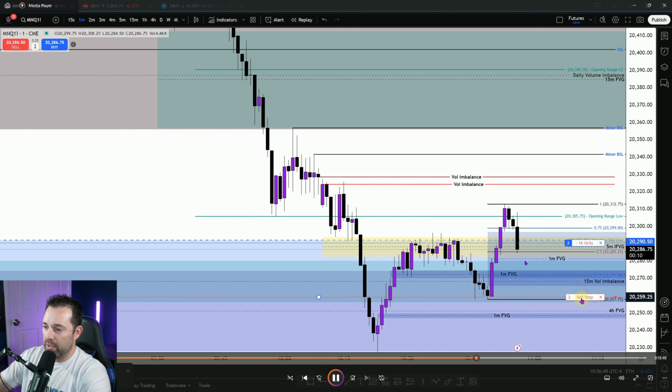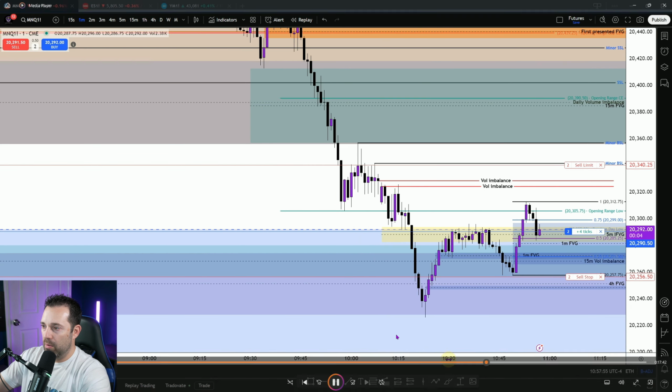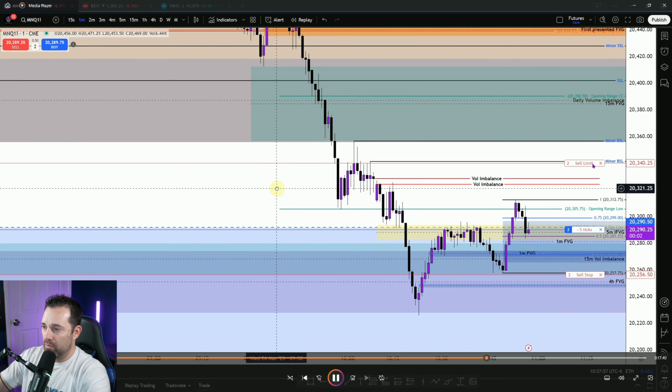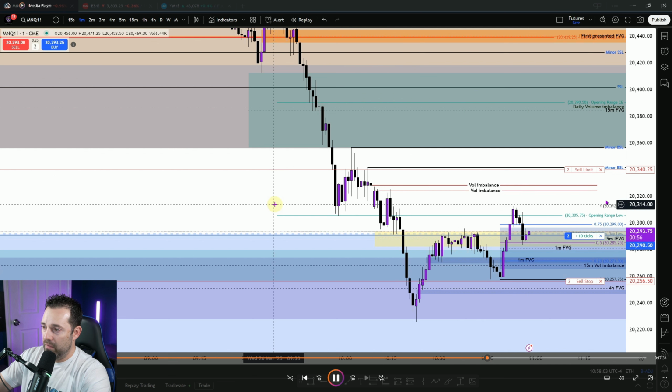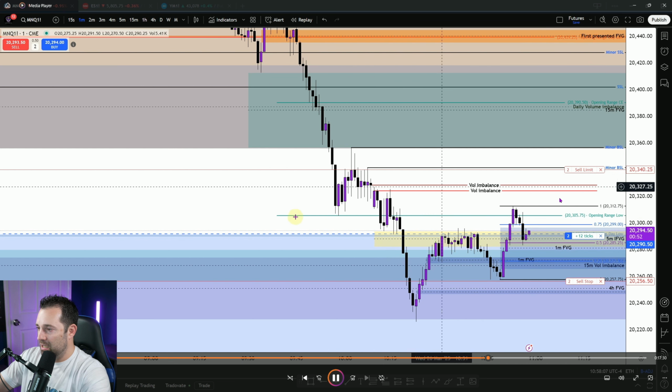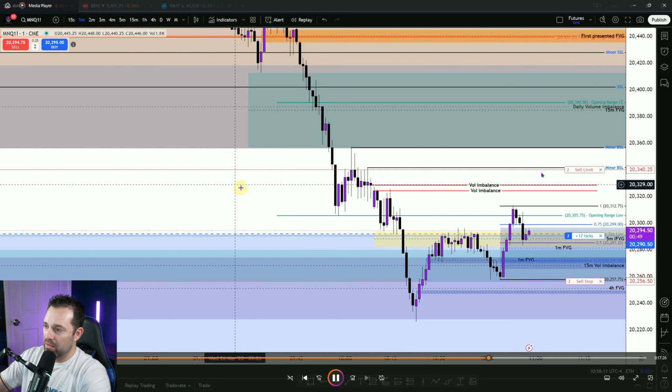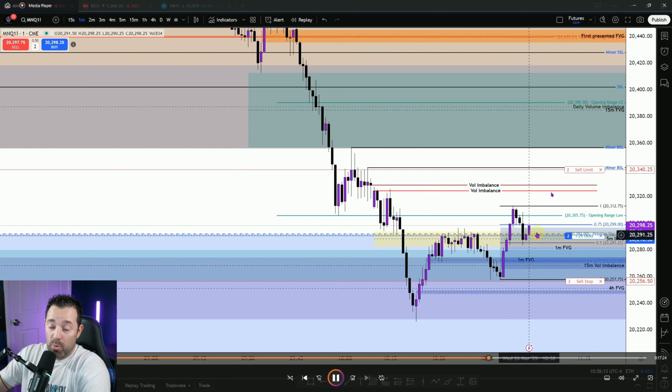So if it's going to work, it's not going to take this low. So now I'm watching. So you can see I put my target right at this high here. So I'm aiming for, I'm in at, what is this? 90, 50. So about 50 points.